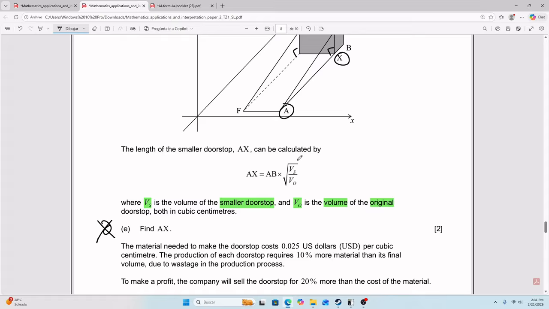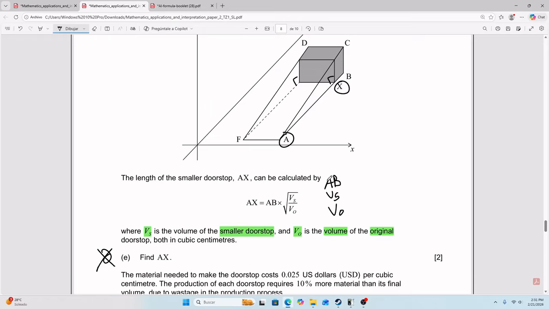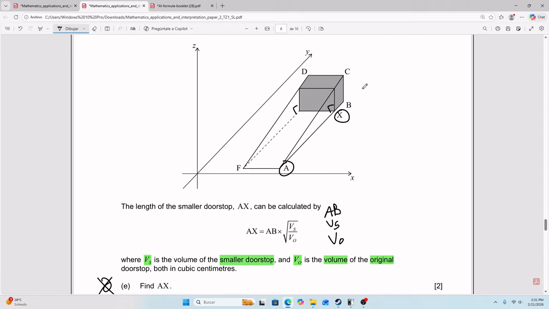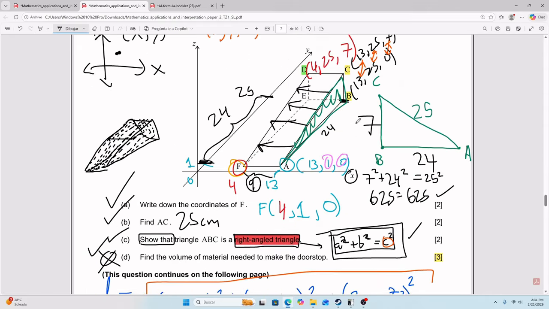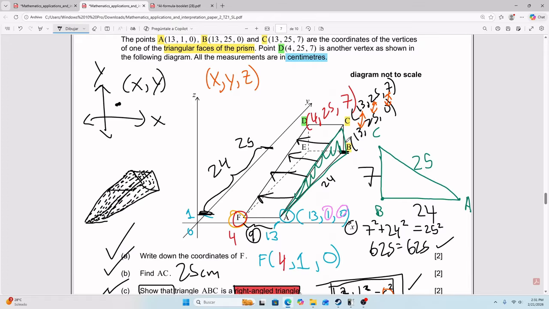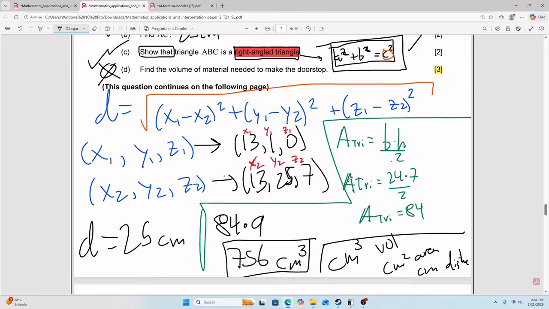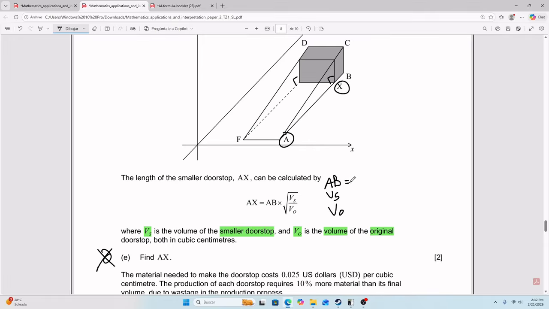Most of us here start freaking out, but you need to go piece by piece. How much of this do you know? Try to fill in one thing at a time. So for finding AX, you need to discover what AB is, what VS is, and what V0 is. So AB is this original distance, which is this guy here, this 24. Quite literally. And so AB you can immediately say is 24.